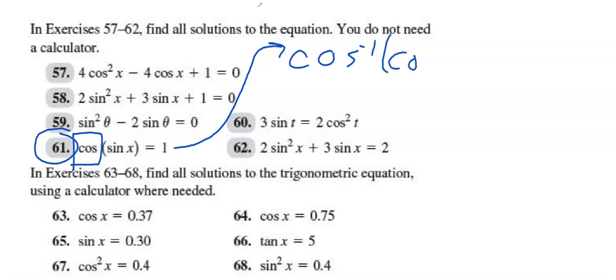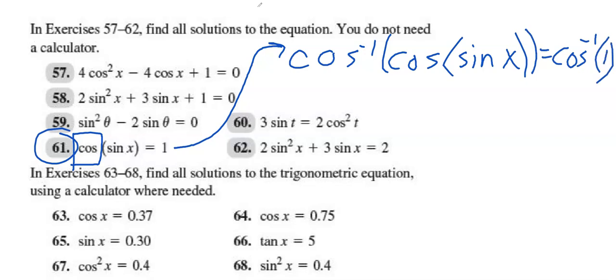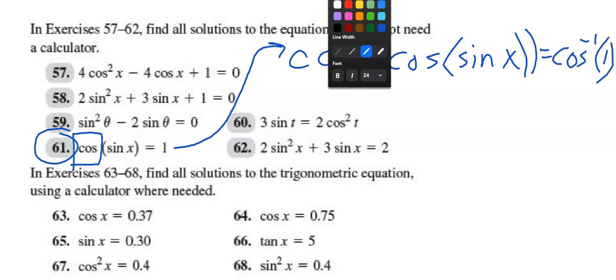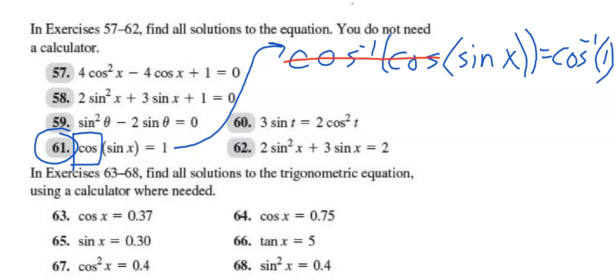So you got your cosine, you got your sine. Yeah, this problem won't be on your test, by the way. Cosine inverse of 1. All right, so cool stuff happens there. So sine x equals cosine inverse of 1.